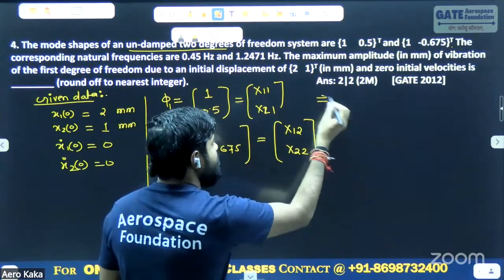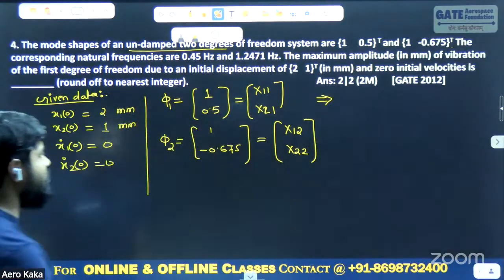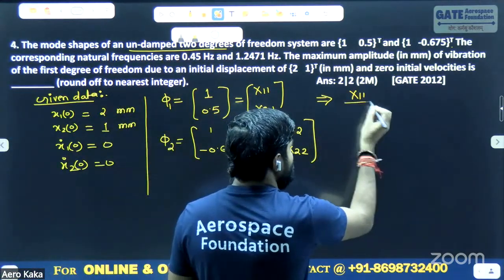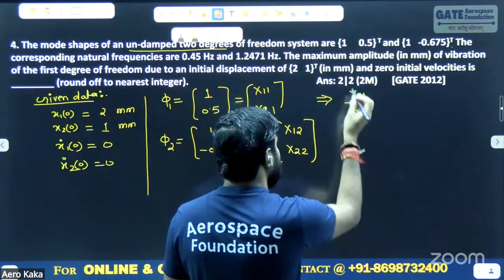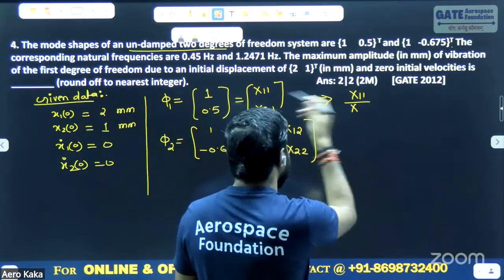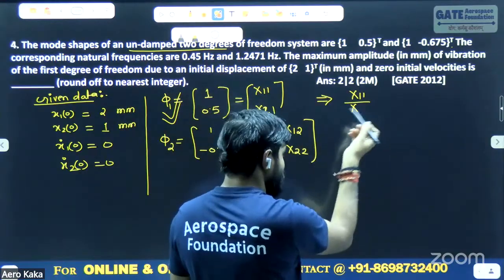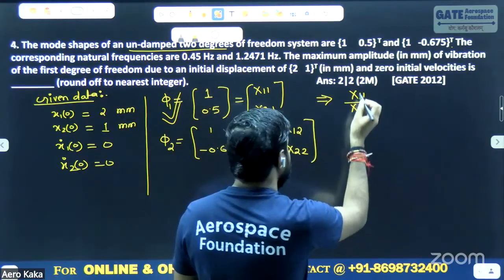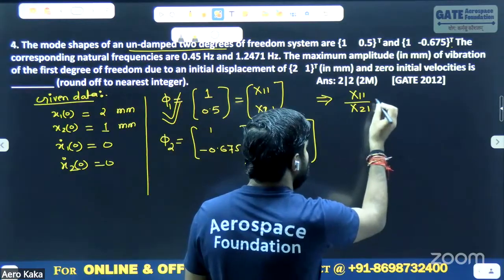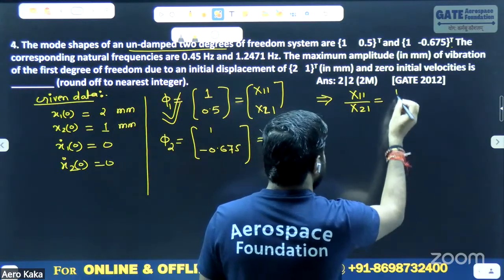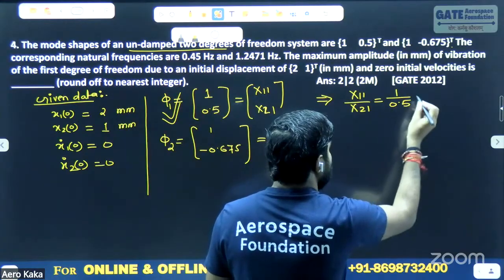So based on this, could you tell me what the ratio is going to be? I can take the amplitude ratio, sorry, the mode ratio corresponding to the first mode. It is going to be x11 upon x21 is equal to how much? Yes, it is 1 upon 0.5, that's nothing but 2.